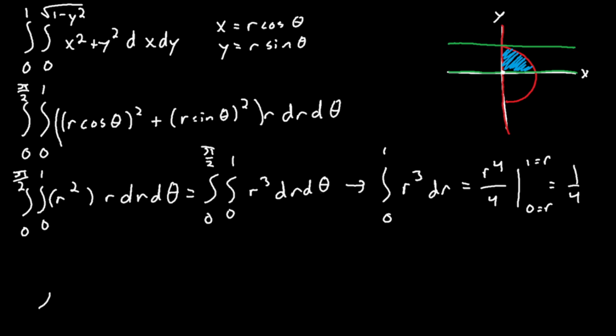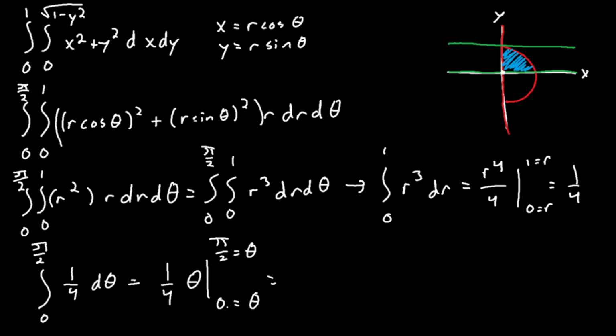And with this, you can integrate with respect to theta now for 1 over 4 d theta, and all you get is 1 over 4 theta from 0 to pi over 2.